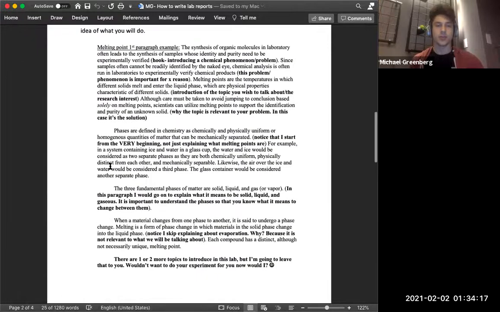Okay, so start from the very beginning. Phases are defined in chemistry as chemically and physically uniform or homogeneous quantities of matter that can be mechanically separated. And so going into introducing phases, and then you go into the three phases, solid, liquid, and gas. And then you talk about changing from one phase to the other.